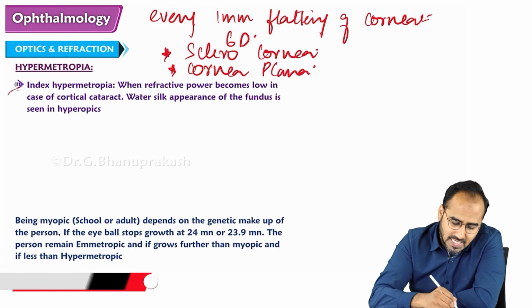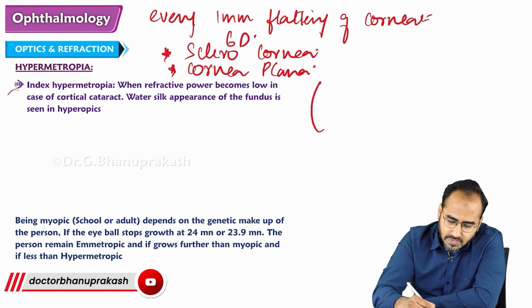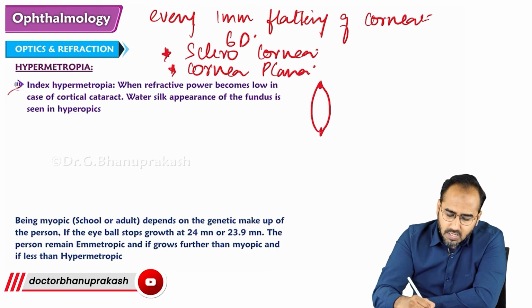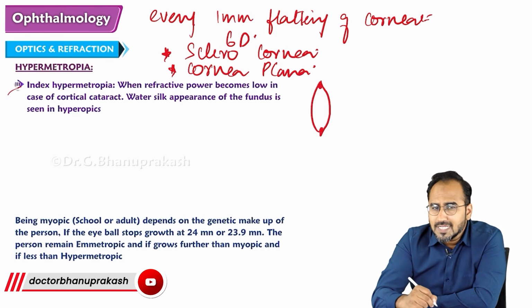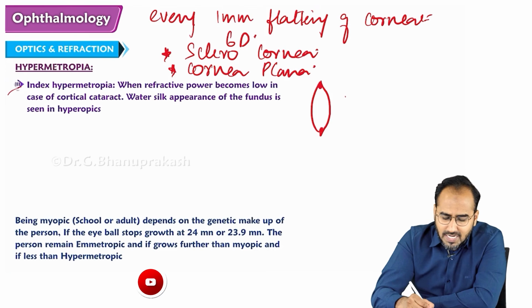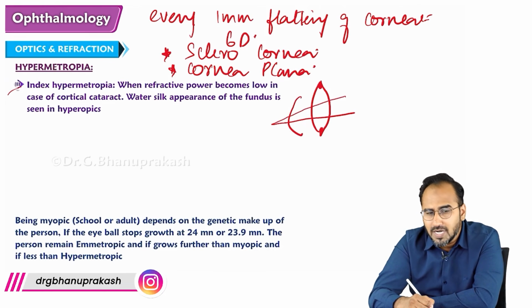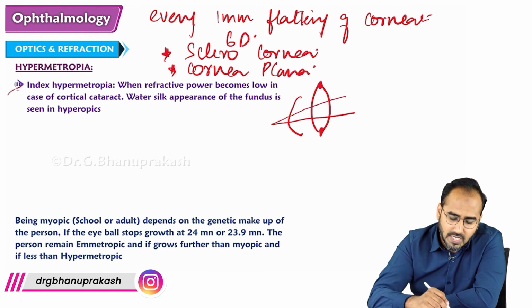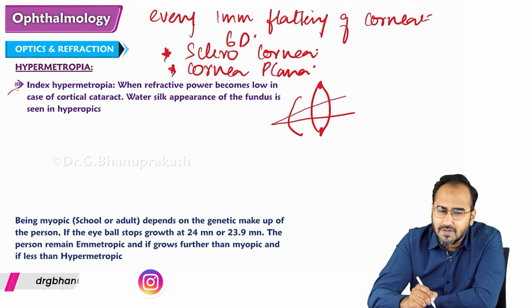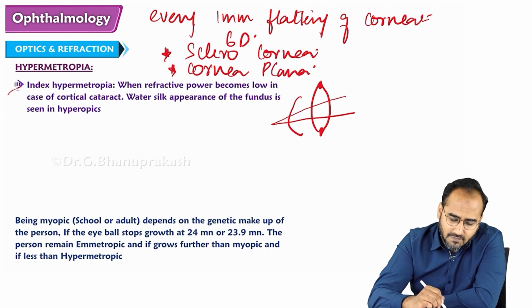Whereas if the patient develops cortical cataract, it decreases the refractive index, which leads to focusing of the light rays much behind the retina. That is called index hypermetropia. When the refractive index becomes low in cases of cortical cataract, what will happen?